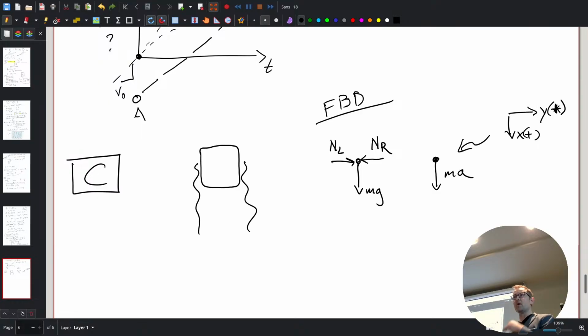Now normal is also 90 degrees. Anyway, this is the 90-degree normal, not the statistically or socially normal. So normal to our path. It does cause acceleration, but if it's normal to the path, it can't do work on the system. So it's not going to change kinetic energy or something. Okay.